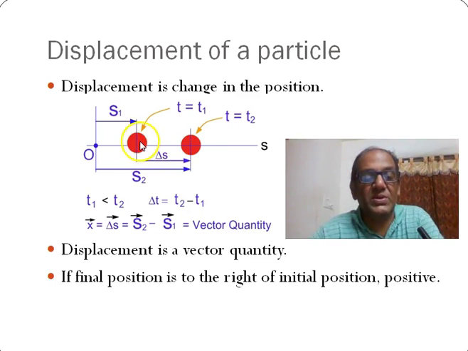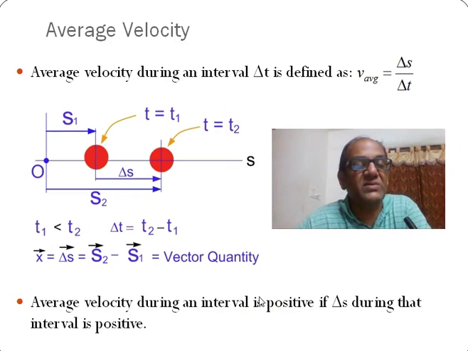If the final position is to the left of the initial position, we say that delta s is negative. As you might have noticed, we are gradually building on one definition over to the next definition. We started with position, and we said change in the position is displacement, and the next topic is velocity.